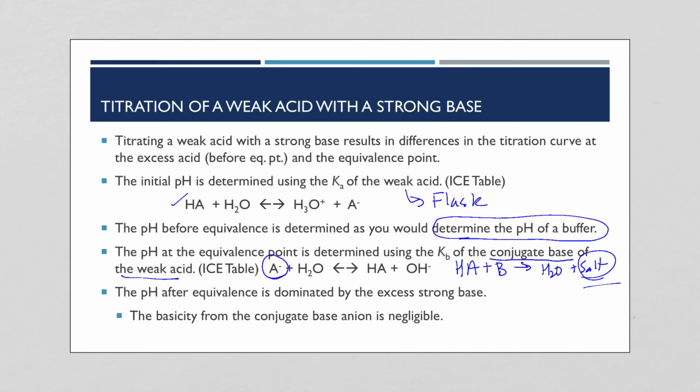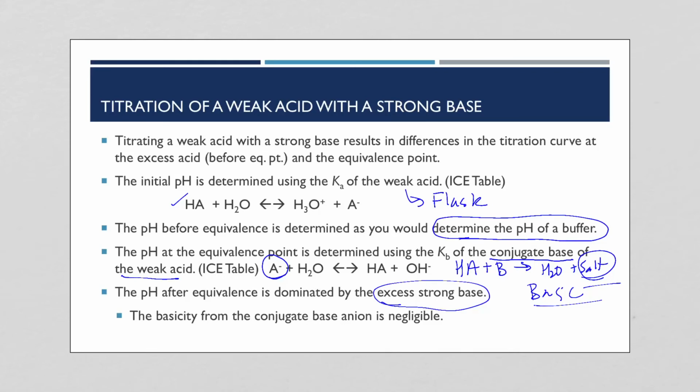Now, what that also means is the pH at the equivalence point for this kind of titration will be basic, because it's being determined by this conjugate base. Now, after the equivalence point, it's pretty much the same idea as we saw in the strong acid, strong base. It's going to be determined by the excess strong base that you've added, or the excess hydroxide ion.